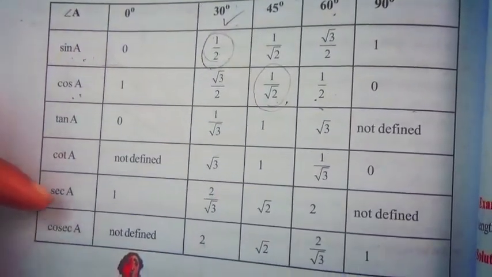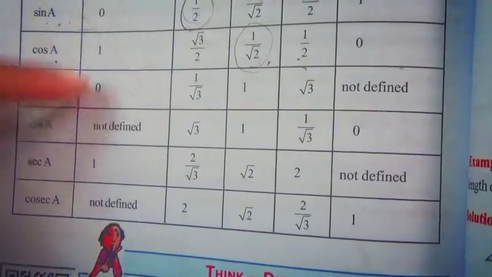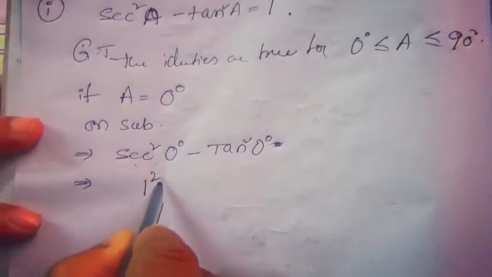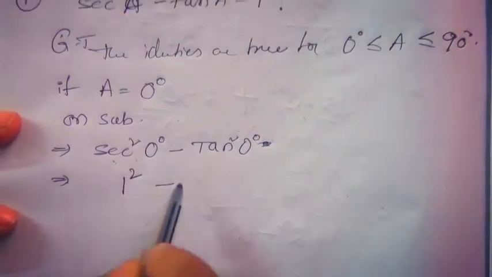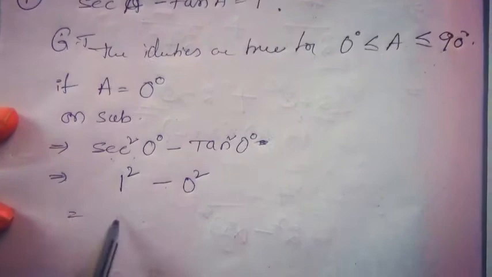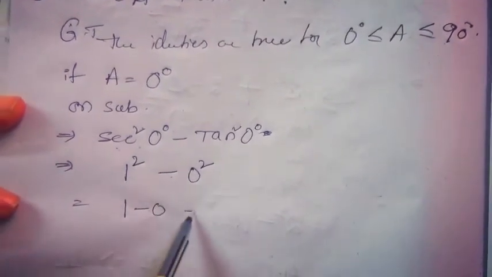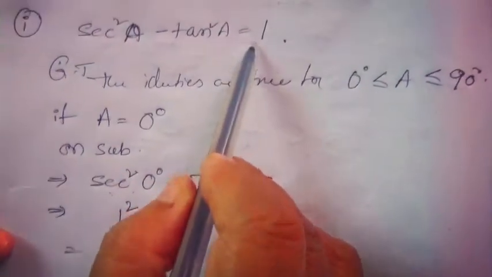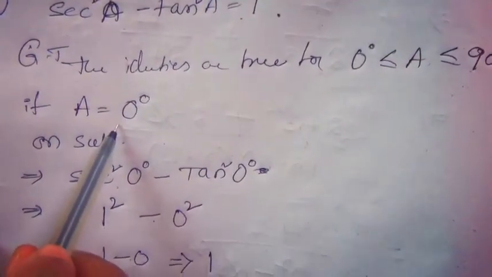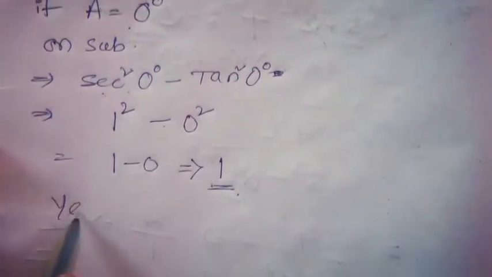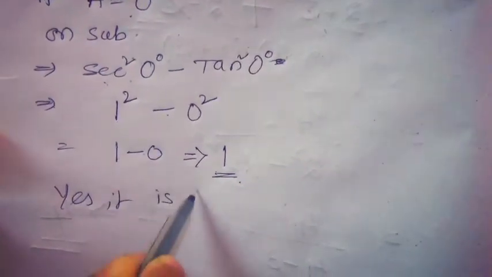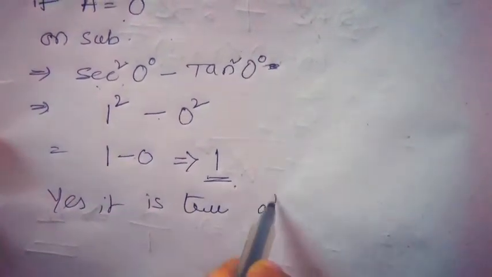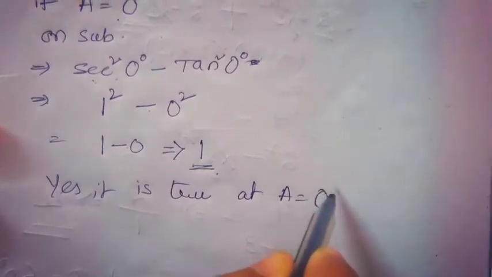Secant 0 degrees is 1 and tan 0 degrees is 0. So it is 1 square minus 0 square, that is equal to 1 minus 0, that is equal to 1. Hence we got the value 1 at 0 degrees. Yes, it is true at a is equal to 0 degrees.